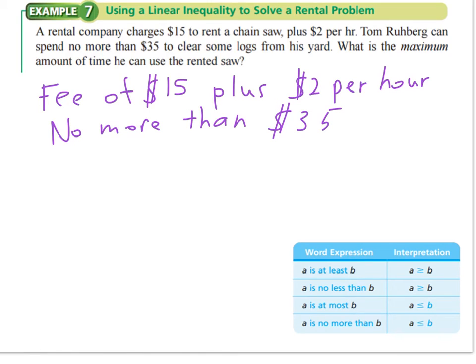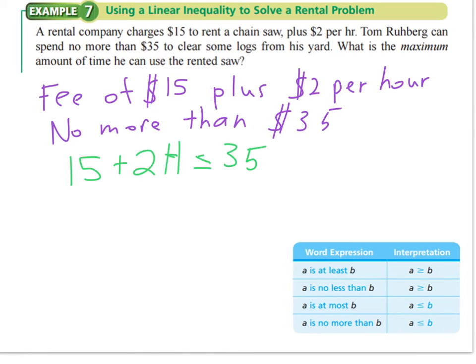Well, the cost is just made up of the fee and the hourly rate. So we do 15 for the fee plus 2, and I'm going to use just H for hours. And that has to be no more than, so that's less than or equal to 35, like we see down here in our chart.